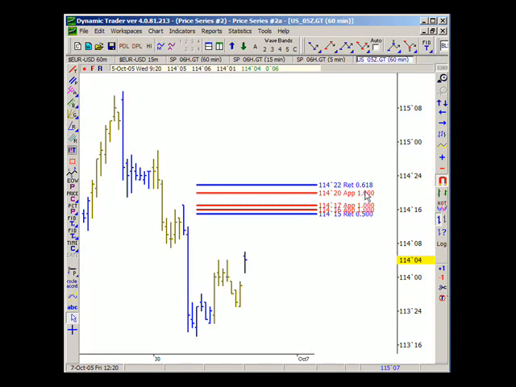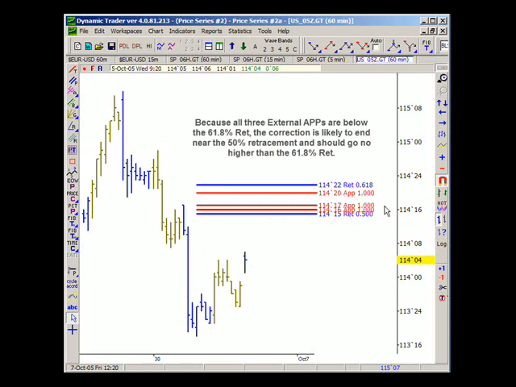Well, they all fall below the 62%, and two of them are within just two ticks of the 50% retracement. So more than likely, if this market is making a correction, its corrective high is going to be below the 62% retracement and somewhere very close to the 50% retracement, because we have this great retracement and alternate price projection zone within just a few ticks.